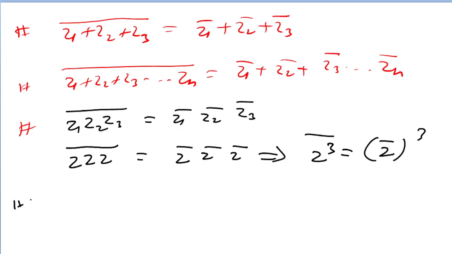Or in general, I can say that the conjugate of z to the power n is equal to the conjugate of z to the power n. Basically, there are n complex numbers multiplied, and the corresponding conjugate of that is nothing but the conjugate of one complex number multiplied n times.